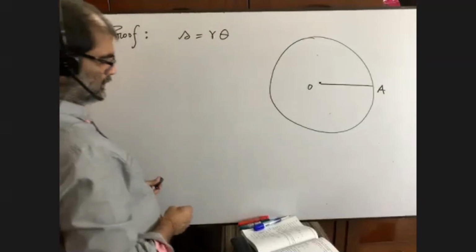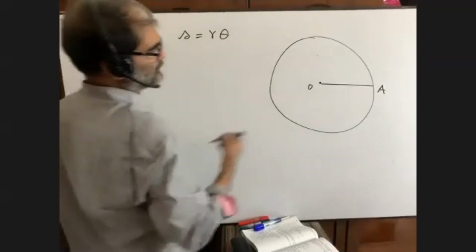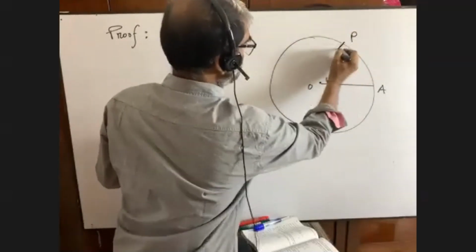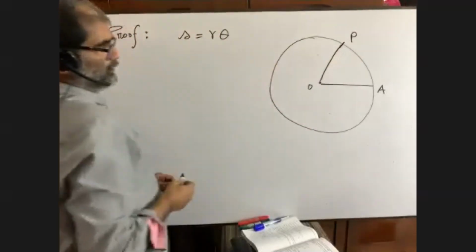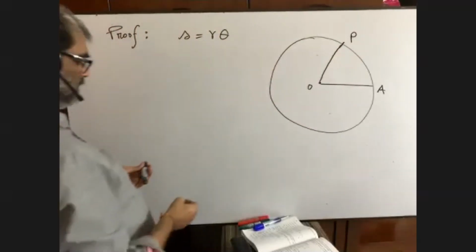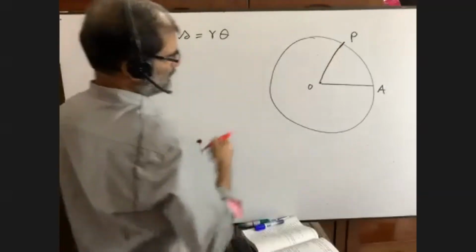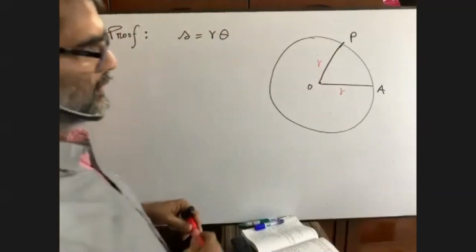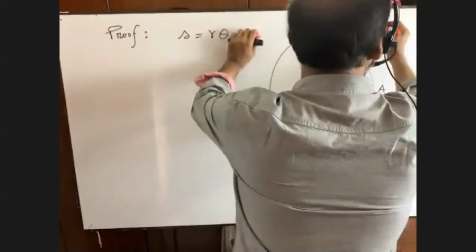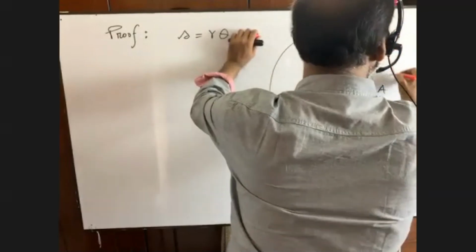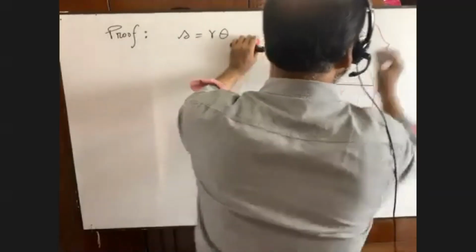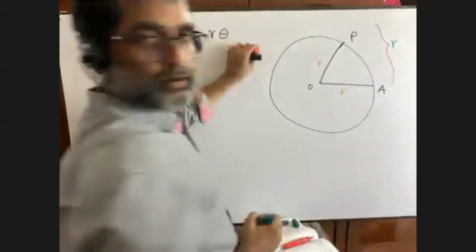Now, taking the measurement of the radius, it is P, suppose. So what we have done here, you see, it is R. It is also R. It is also R. Are you getting it or not?